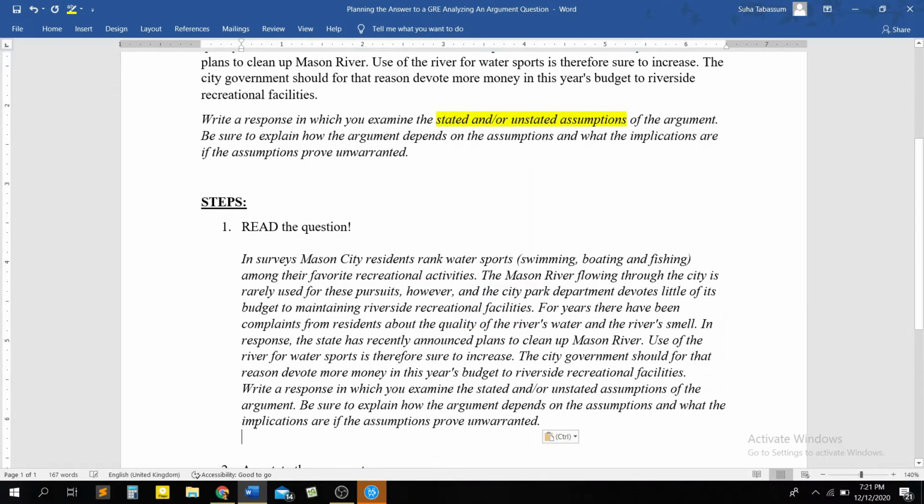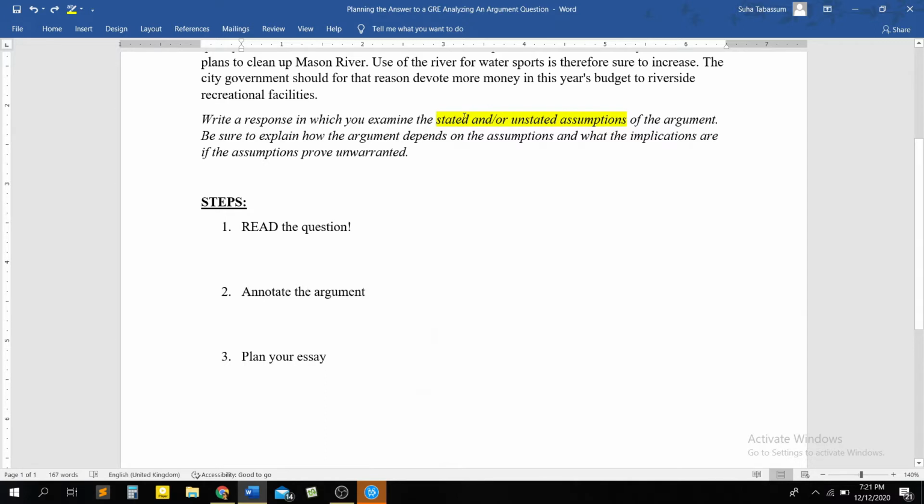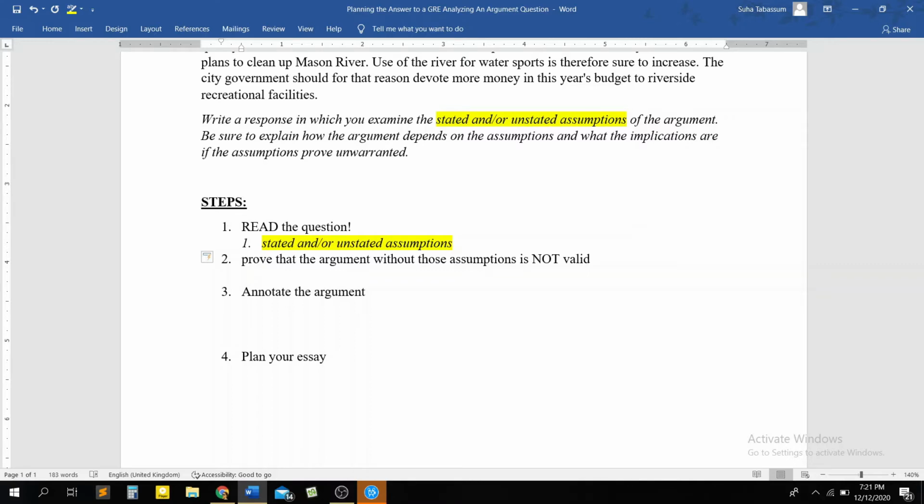So our question tells us to find the stated and or unstated assumptions, and we also have to prove that the argument without those assumptions is not valid at all.